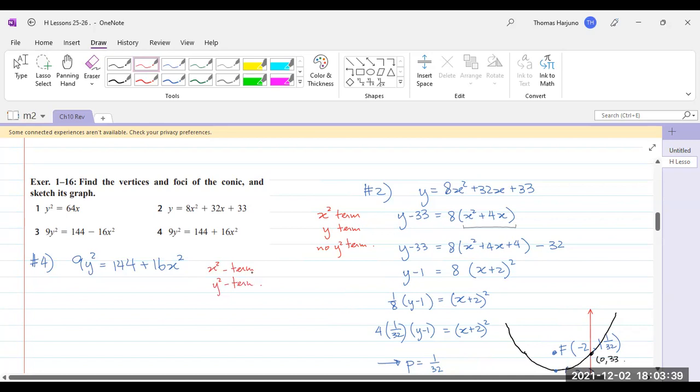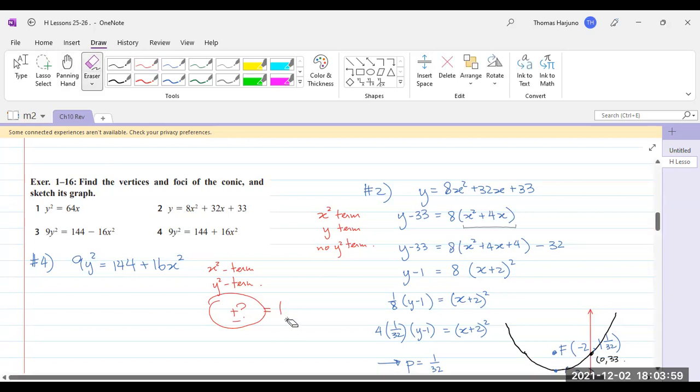So it's either an ellipse or a hyperbola, right? But we need to make it into something equals 1, with the x squared and y squared terms on the same side. And we see the operation in the middle. Is it addition, which will make it an ellipse, or subtraction, which will make it a hyperbola?